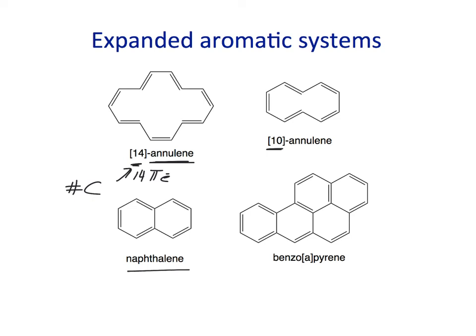We talked about naphthalene as well. Look at this big one, benzo[a]pyrene. If you count all those up, that's also aromatic. So you can have these really big rings. Not all polycyclic rings like this, though, add up to the right number of electrons. In fact, benzo[a]pyrene is something that's produced in tobacco smoke. When you burn it, it produces this.